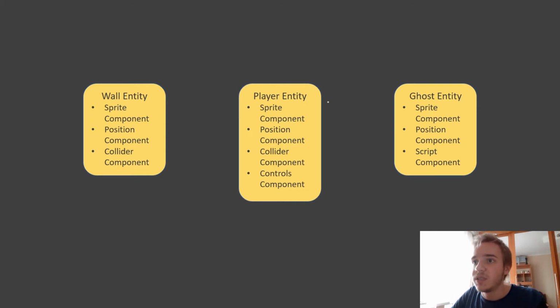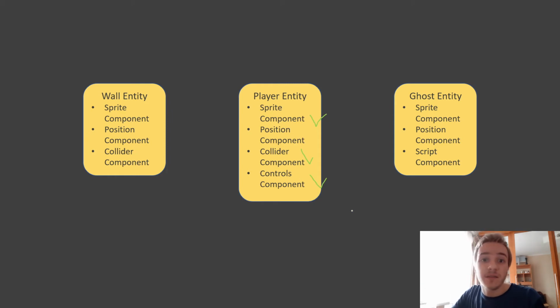Now the player entity is visible, it's solid, but unlike non-player characters, we can actually control it with our keyboard and mouse or with the gamepad. So it has a controls component, whatever we might define it as, or something like that.